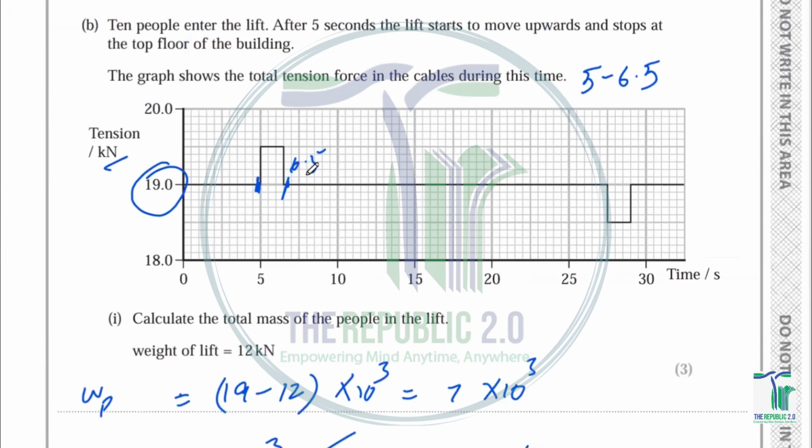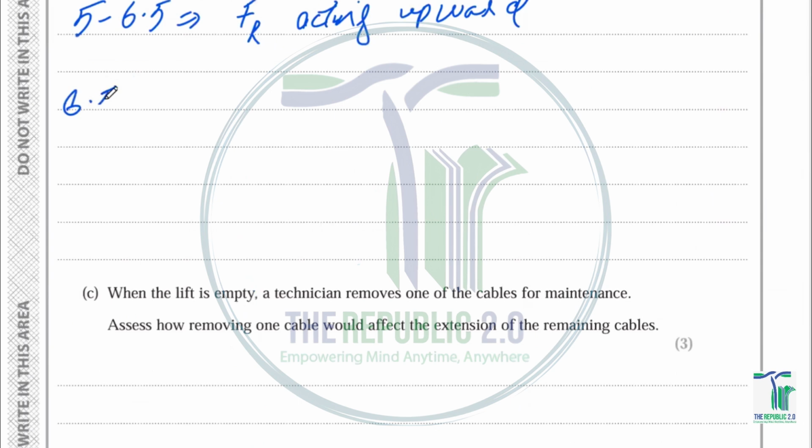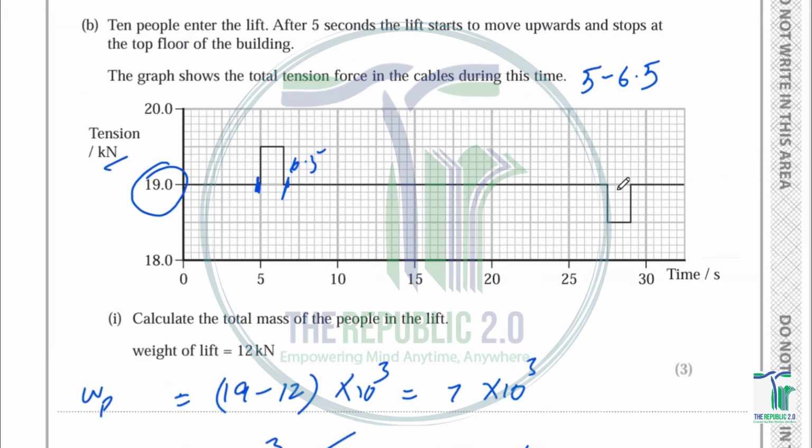And we've got that. Now from 6.5 seconds to 27.5. So now you can see that from 6.5 to 27.5 seconds, there is no resultant force acting on the cable. You can see that the line is constant.